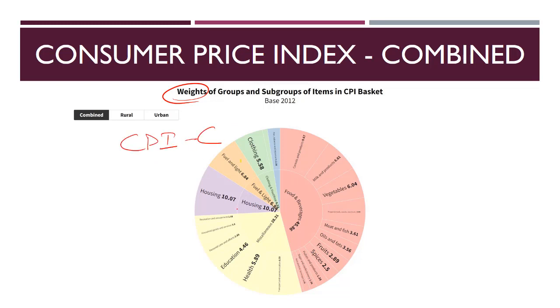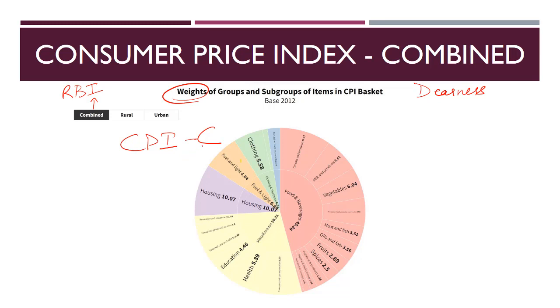CPI combined is a very important index. This is the same index which is used by the RBI to measure inflation in the country. Even the government uses this index when it gives dearness allowance to government employees.